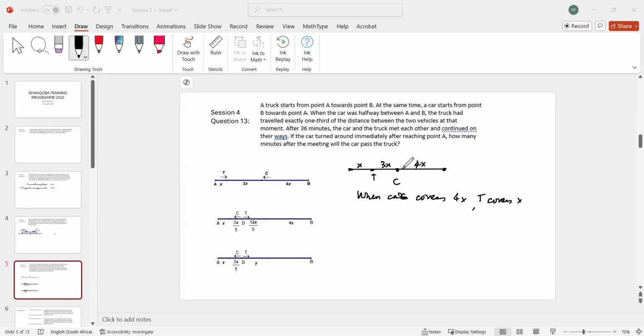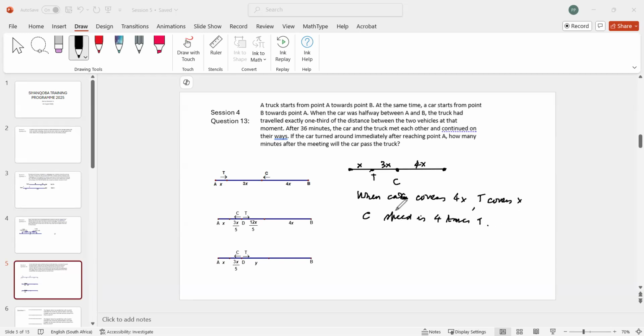So that's very important. The car travels 4x, the truck covers only x. That is, its speed is 4 times the speed of the truck.